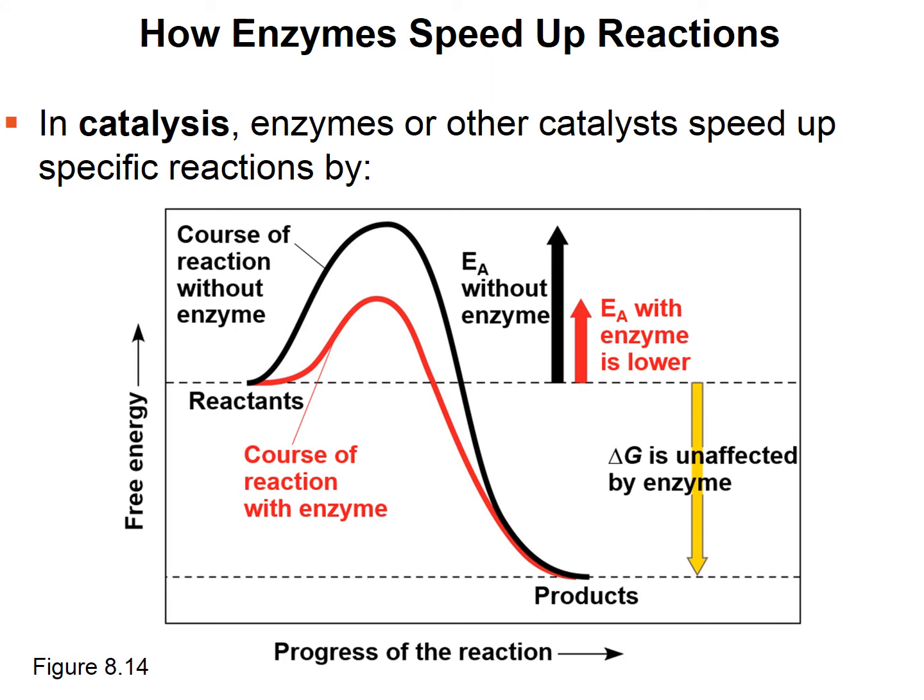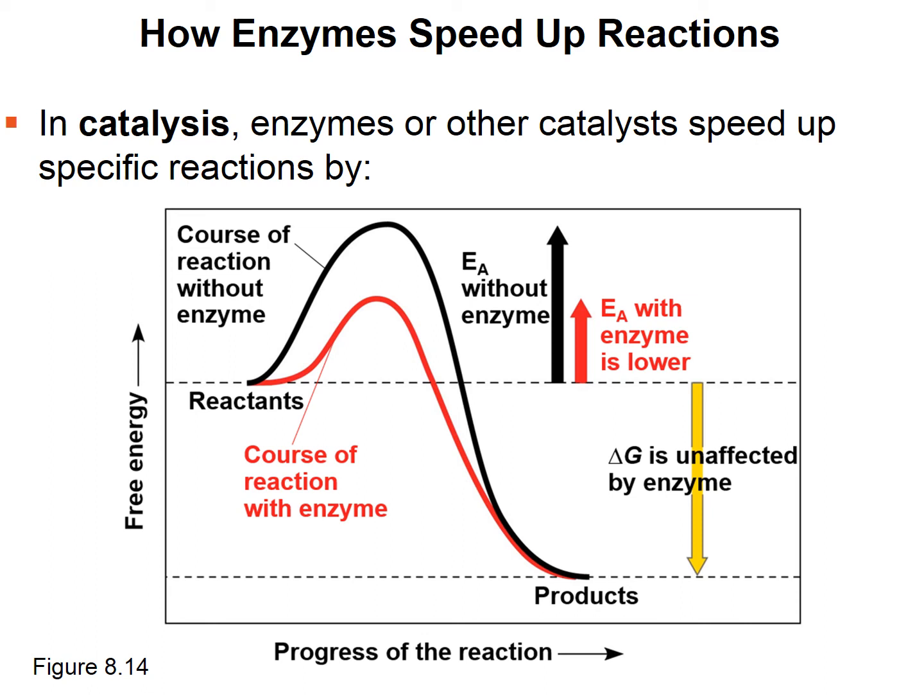So when an enzyme speeds up a reaction, how does it do this? It does this by lowering that energy of activation, that little bump that's needed to get the reaction going. Here we have the progress of the reaction on the x-axis and the free energy on the y-axis. The black is showing how the reaction would go without an enzyme being added.